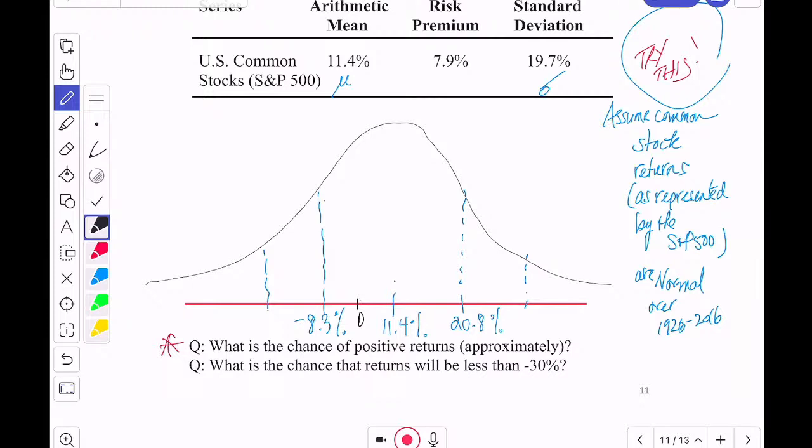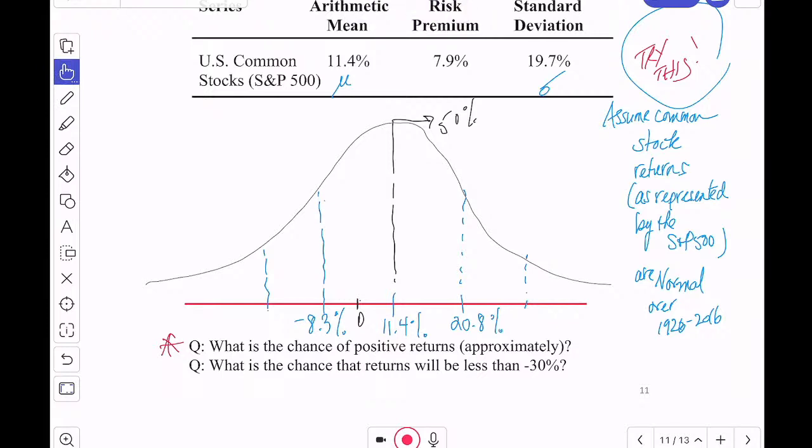So from here over here is 50%, right? That's half. So that's 50% of the observations, or because it represents the population of returns, we say it's 50% chance.